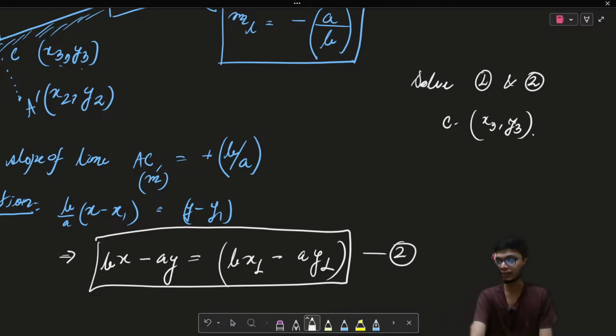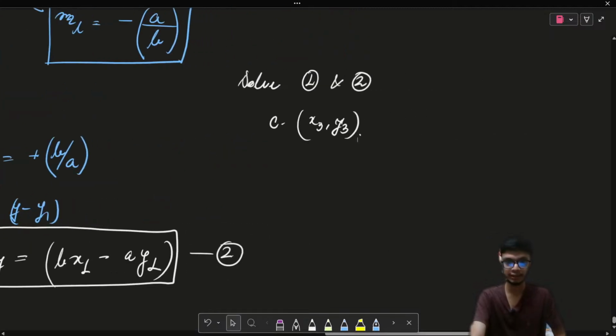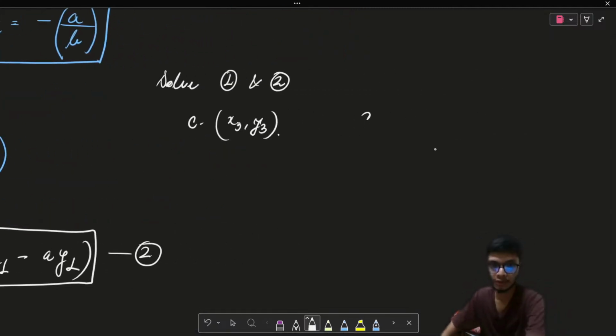If you solve it, you will see that the coordinate x3, y3 is going to follow the relation, which is very similar to what you have studied in planes.